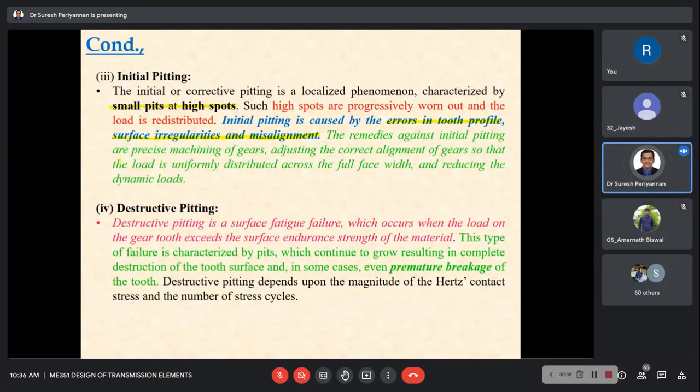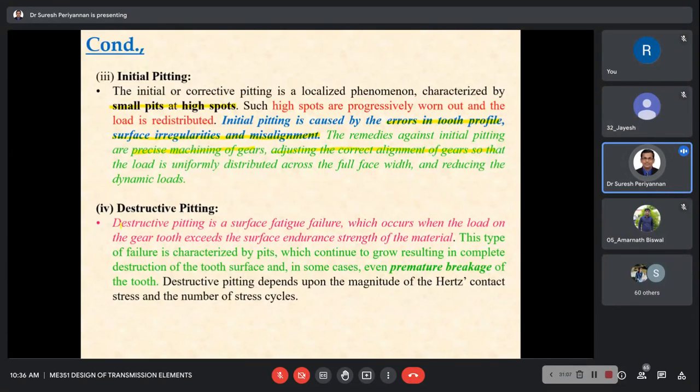The remedies against initial pitting are precise machining, precise measuring of gears, and adjusting the correct alignment of the mating gears, I mean, alignment of the pinion and the gear. Then the load is uniformly distributed across the full face width of the gear, and the dynamic load can be reduced.